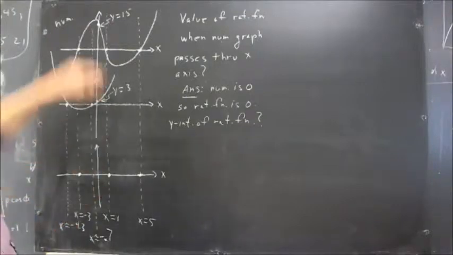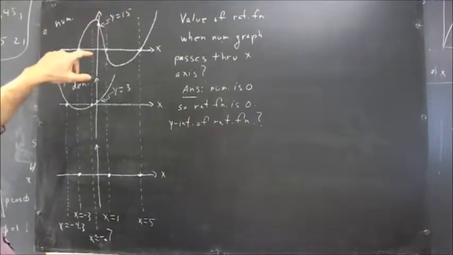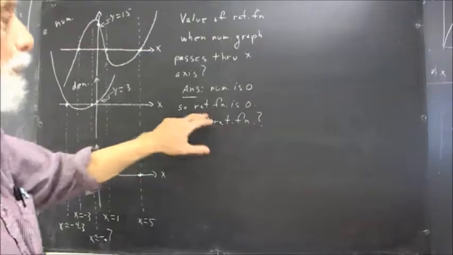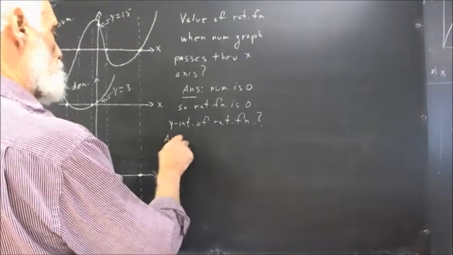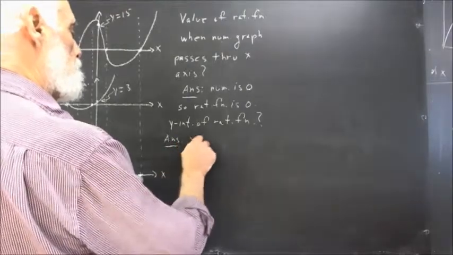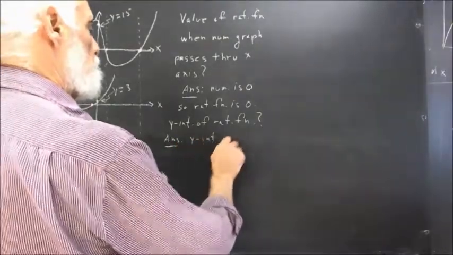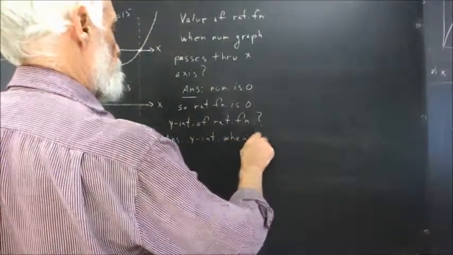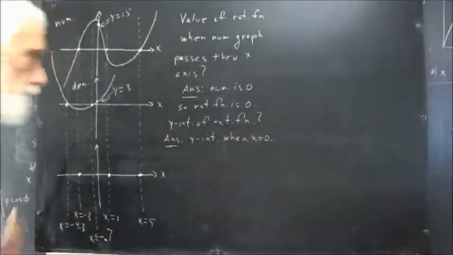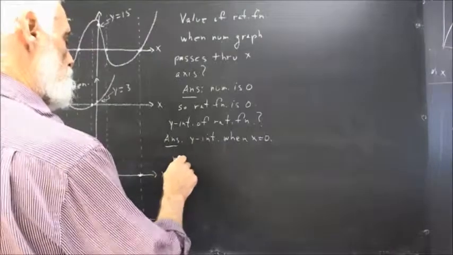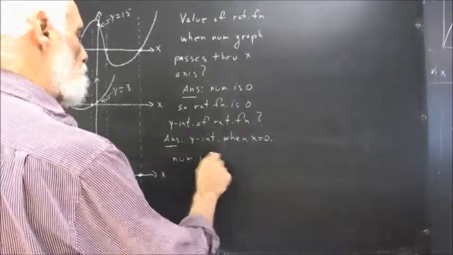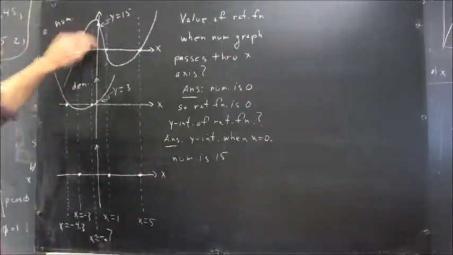Okay, you should have paused and thought about it. Well, the y-intercept occurs when x is 0. So we get the y-intercept when x equals 0. The numerator is then 15 when x equals 0.